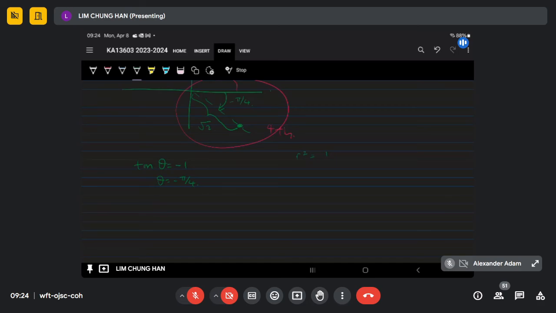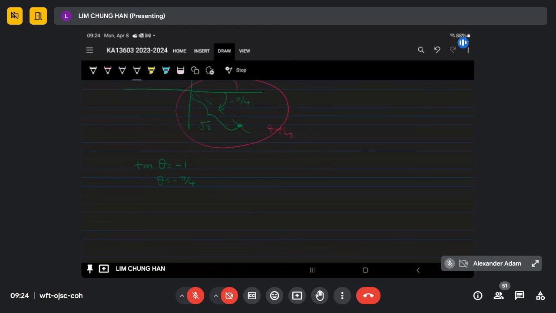R squared equals 1. What is R? I told you there's two possible answers, right? So it's the same here actually. Even though your calculator only gives you one answer, there's actually an infinite number of answers.